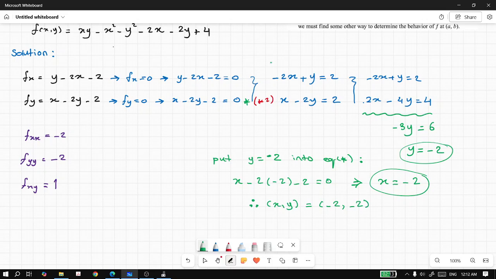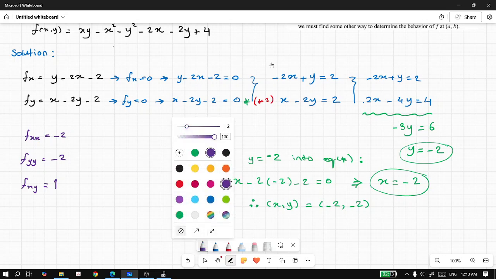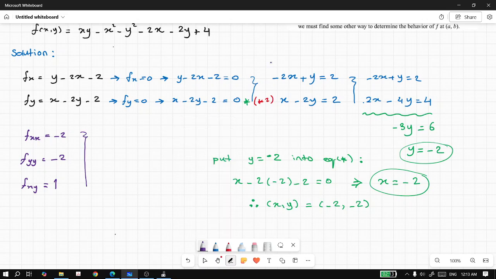So in that example, the way of finding the critical number was different from the ones in the previous one, because we couldn't get the value of x and y directly. After finding the critical number, what do we need? We need the second partial derivatives, as you know, okay? After finding the second partial derivatives, we need to check with the discriminant.